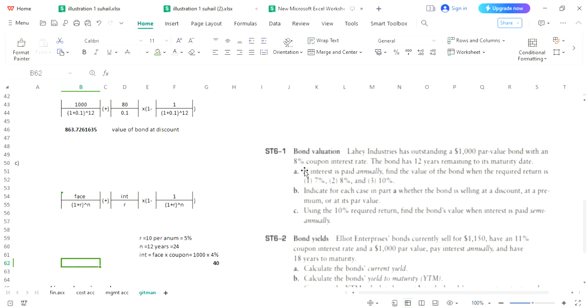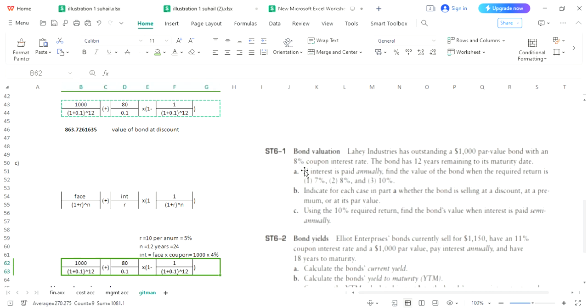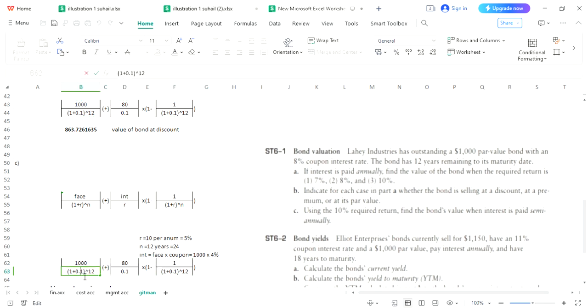And now next, I'm choosing all the calculations which we have already done. Same formula we are using, we are just going to change the values according to semi-annually. All right. Now R will be used as 5%, so instead of 10 we are changing it. 5% means 0.05, so put 0.05 over here.